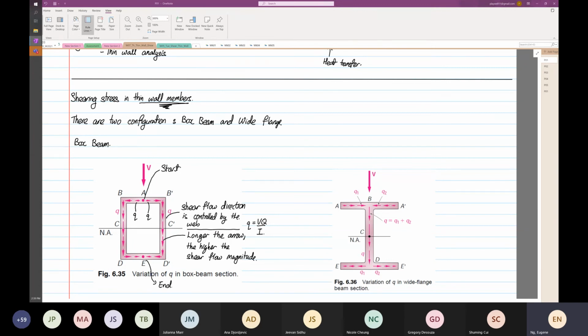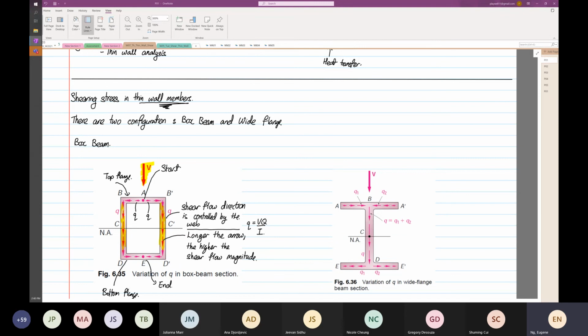What do I mean by that? If you have a shear force V coming in that direction, the shear flow in the web will also follow that direction. Where I'm highlighting, they're all coming downwards. So that's where, when you design your shear flow on the flange, what we call here the top flange, and down here is our bottom flange.